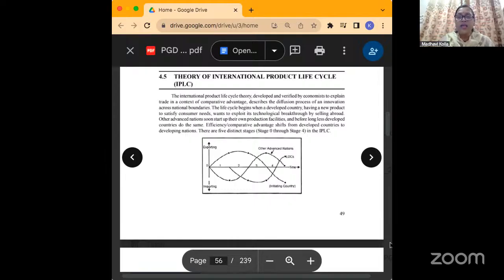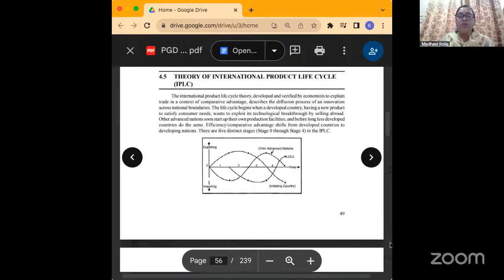So the first cycle that happens over a period of time is that you introduce it into a new country. The second one is, there is an international product life cycle that occurs where the product goes through the growth, maturity, and finally a slowdown or decline.